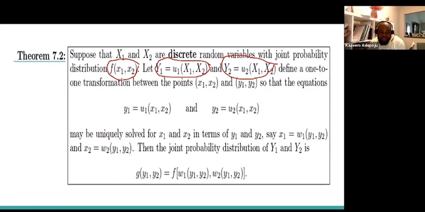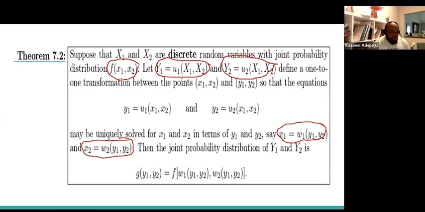In that kind of situation, you also need the inverse, just like the way we found the inverse the other time. Getting the inverse, x1 is going to be a function of y1, y2, and x2 is also going to be a function of y1, y2.